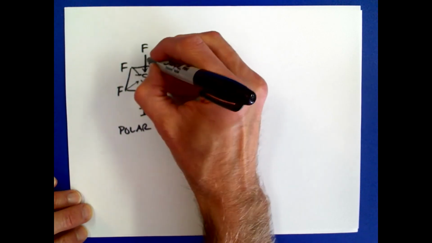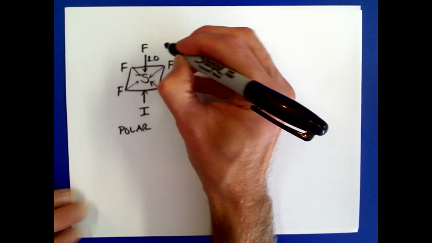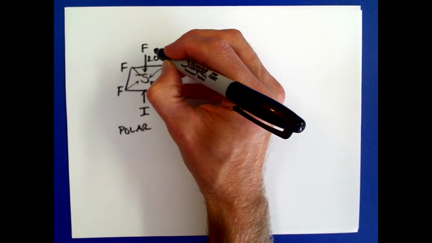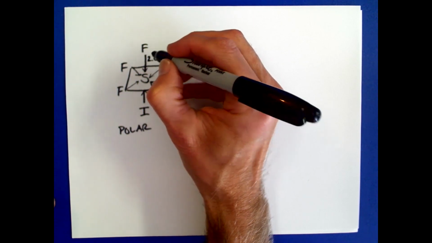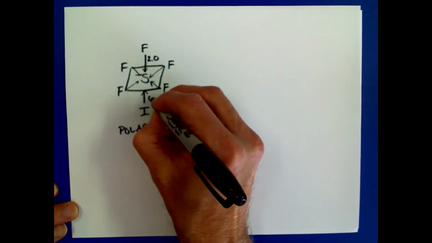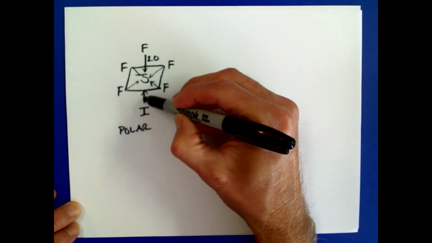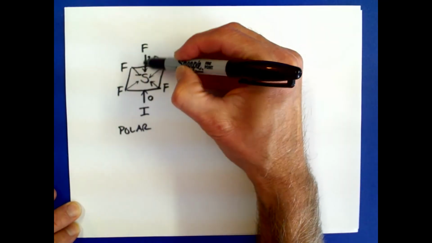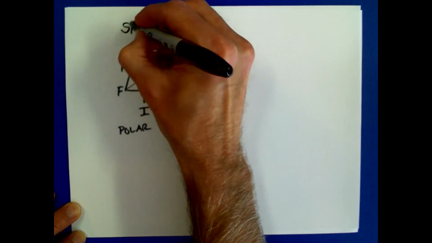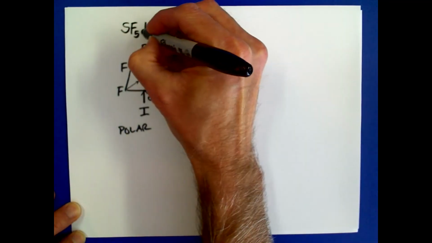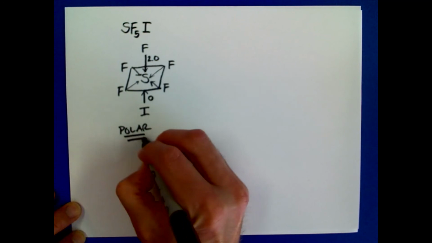Fluorine and sulfur have a larger difference in electronegativity, which would end up being 2.0, and the difference in electronegativity between sulfur and iodine is actually 0. And so in a sense, there's nothing opposing this dipole moment in this direction. And so this substance, SF5 with an iodine, would be a polar molecule.